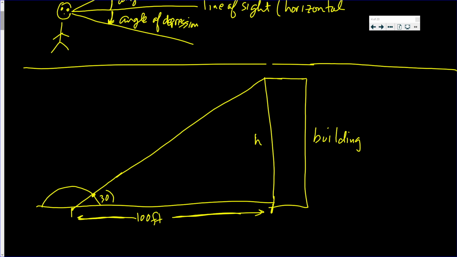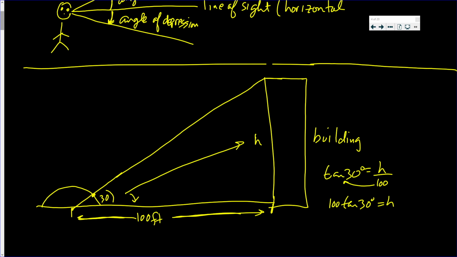Let's call it h. You know that the tangent of 30 degrees is the opposite divided by the adjacent, which is 100 feet. That means 100 times tangent of 30 degrees is h.